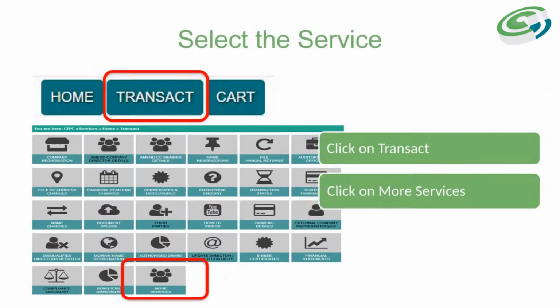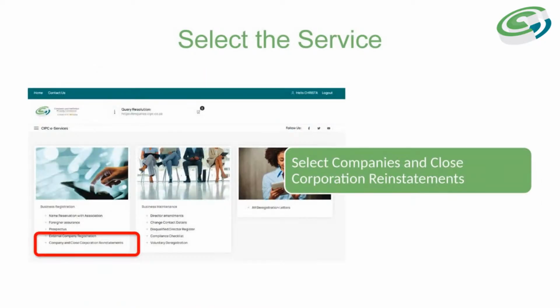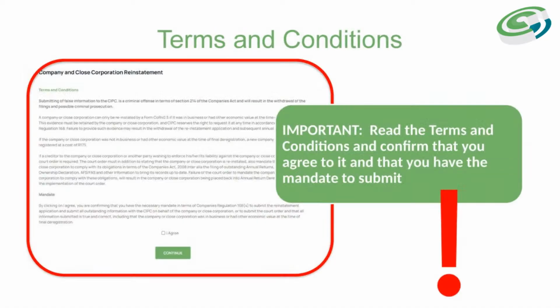All right, so you log in, you select transact, and then at the bottom, you click on more services. It's not quite clear there, but at the bottom, there's company and CC reinstatement. So you'll click on that. Then it will take you to the terms and conditions.